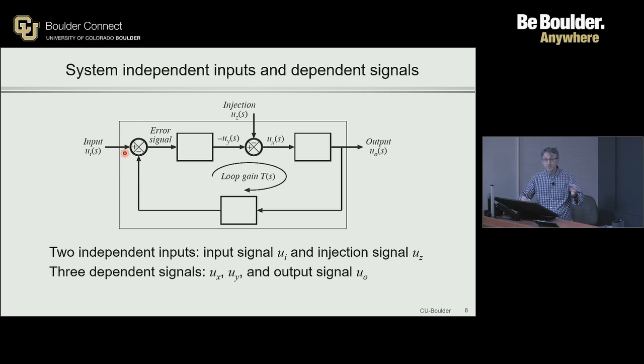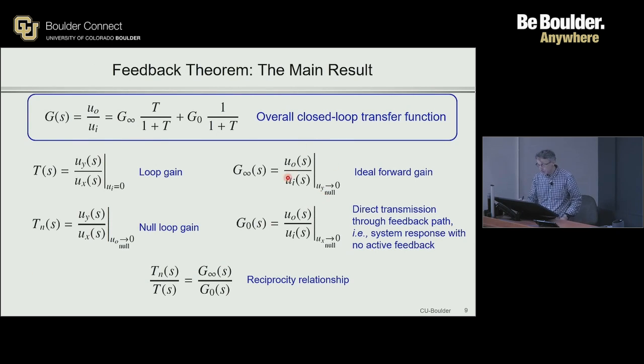There is no error between the input signal and whatever is the sensed value of the output signal. So nulling Uy by this property of the ideal injection point implies that the error signal is nulled, which implies perfect ideal operation of the feedback system. In fact, in many cases, we design the feedback system having this G infinity, having the ideal response in mind to start with. So G infinity formally is defined as UO over UI when Uy is nulled.